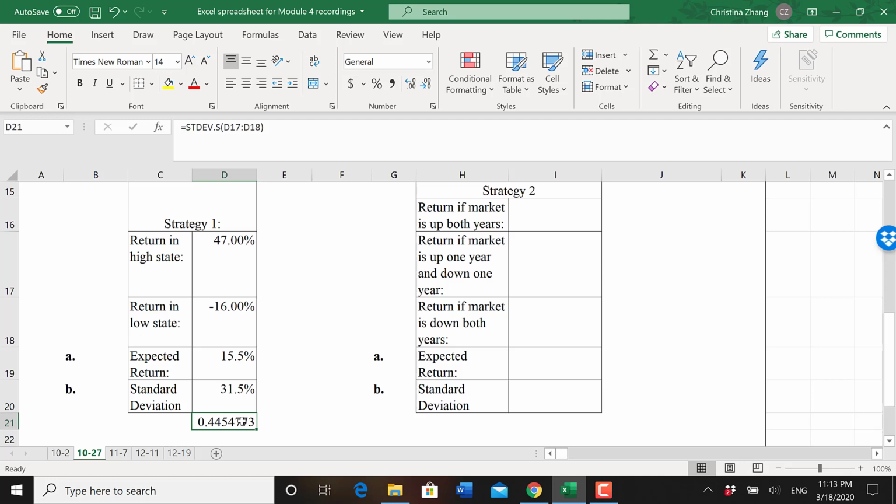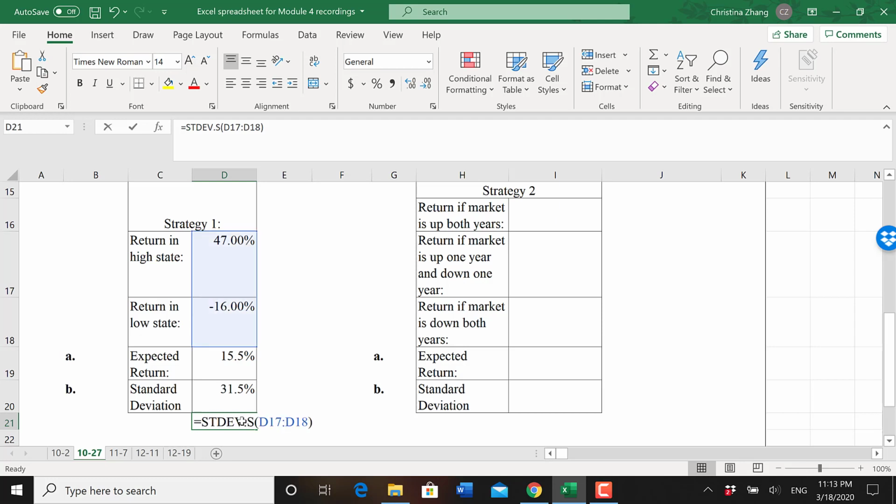So the question is, is this a population or is this a sample? An easy way to determine is by asking yourself, is your return distribution complete? In this case it is, because you have 50-50 which combines to 100%, so it is a complete return distribution. It is a population, it is not a sample.